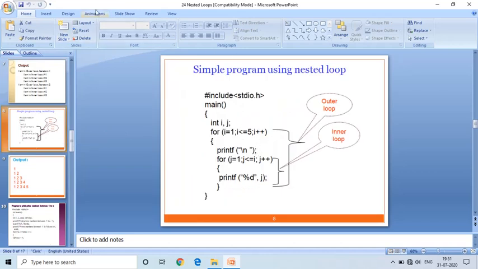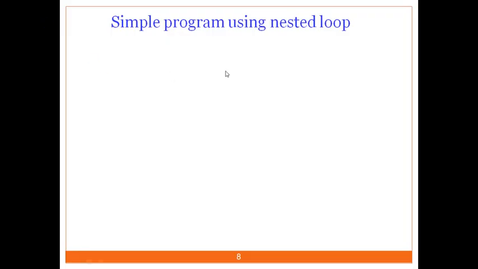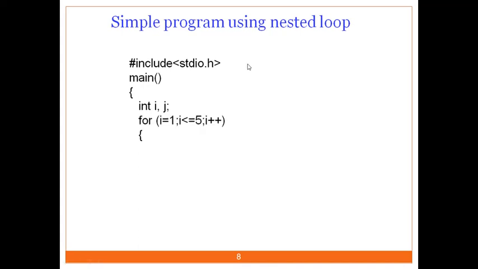This is one more program, a simple program using the nested loop. Here: hash include stdio.h, main function, declaring the integer variables i and j. For altering variable, we are using i for the first loop.